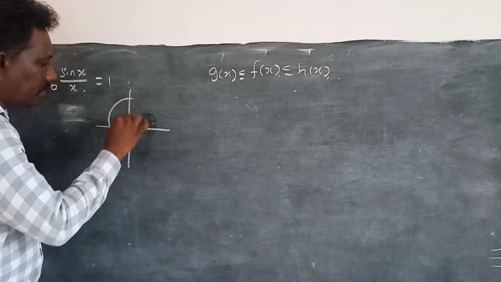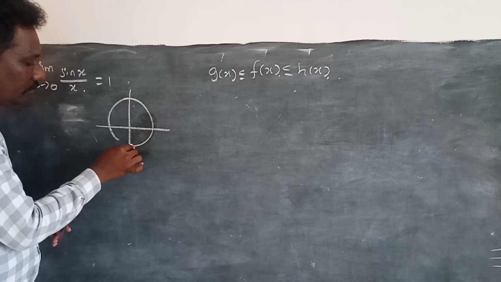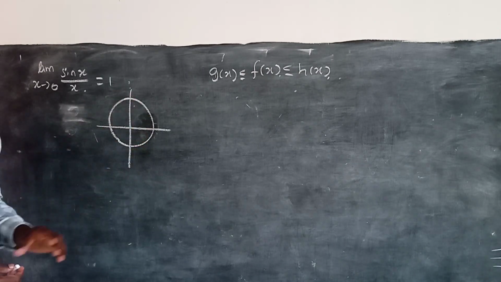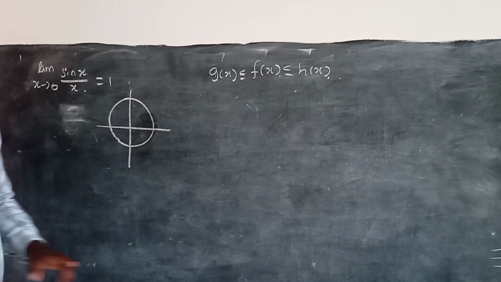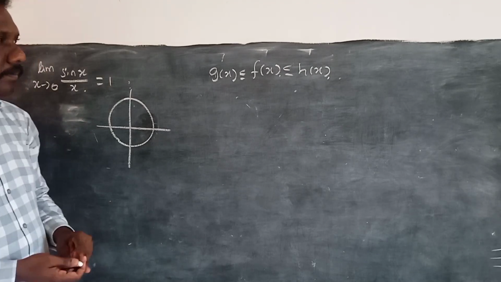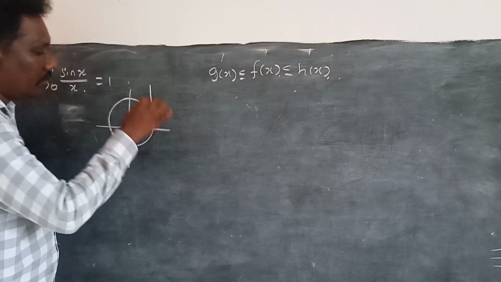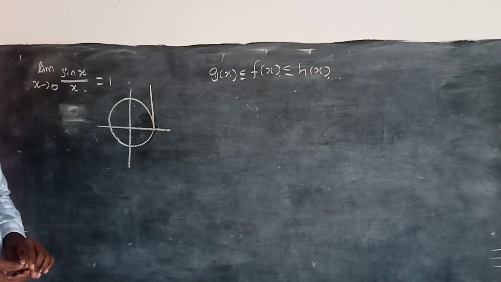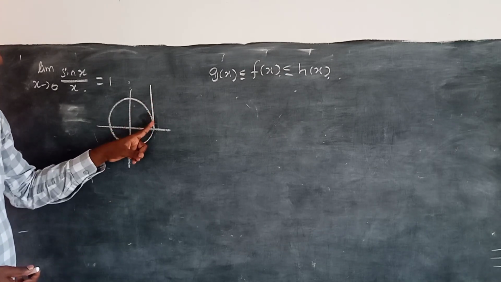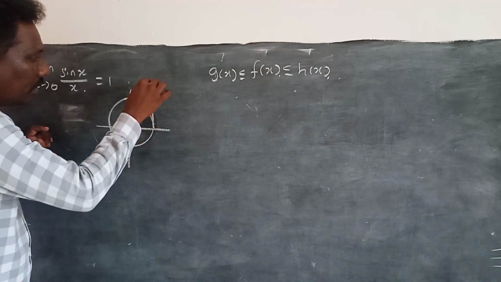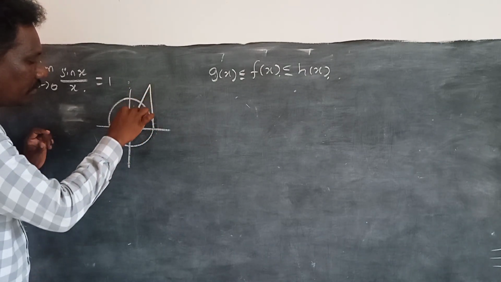I just take a unit circle, a 1 unit circle, and the radius is 1. To define this function, I draw a tangent. We all know what a tangent is. A tangent is a straight line which touches the curve at a point. And I'm connecting these two extremes.